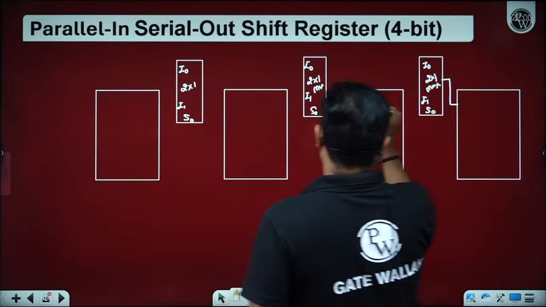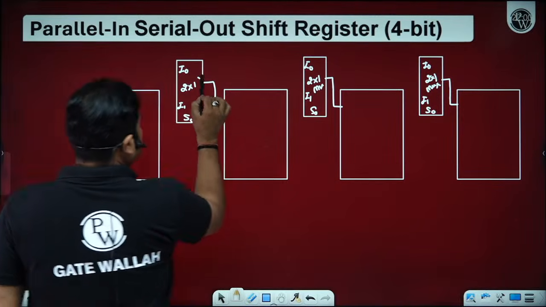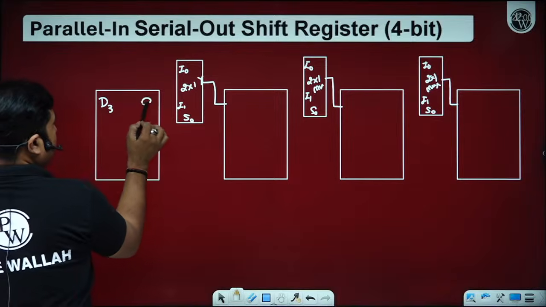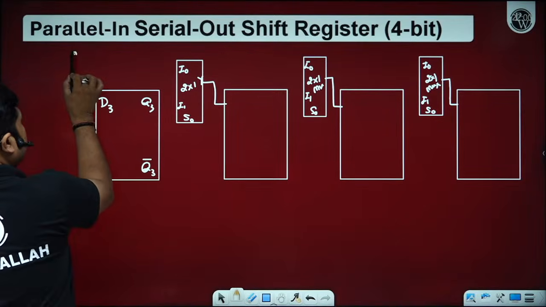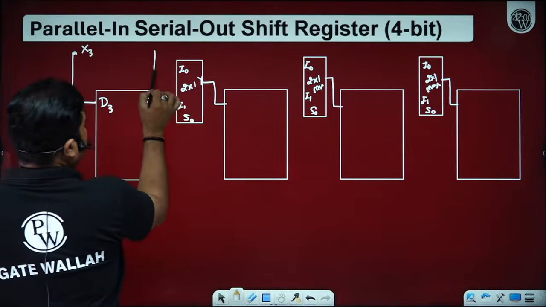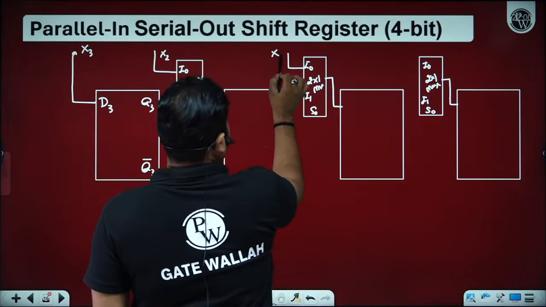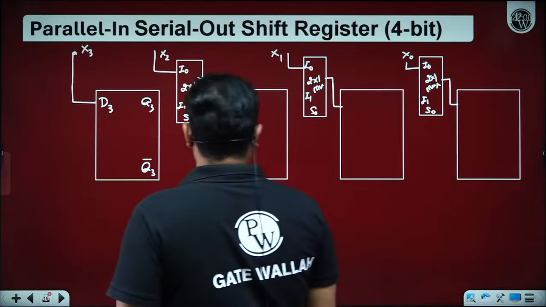Hoping all of you are remembering about the multiplexer. We have D3, Q3, Q3 complement. The data in is from here. We have X3, X2, X1, and X0 data, whatever we want to store in our register.